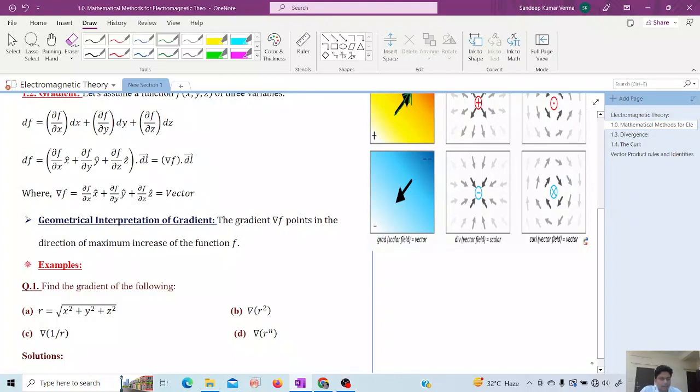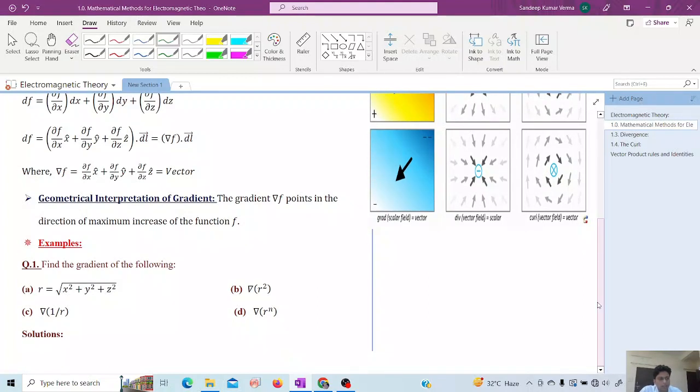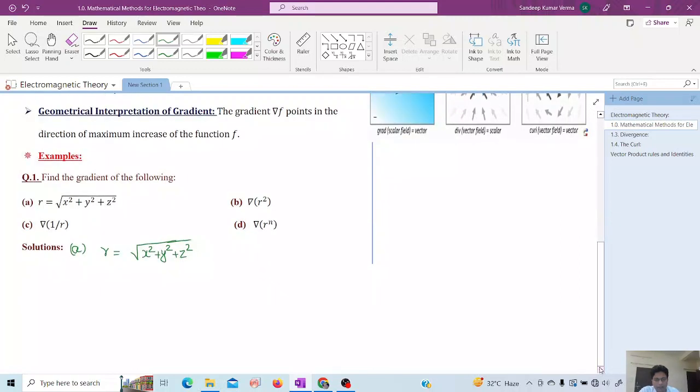We can see this from the examples. In this example, there are four problems in which we have to find the gradient. Let's solve them one by one. The first one is given r = √(x² + y² + z²).